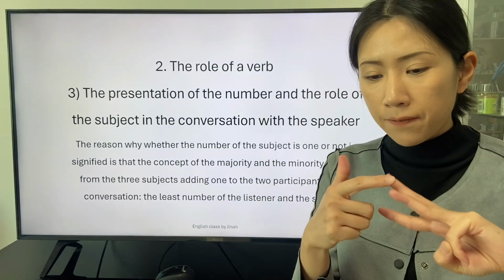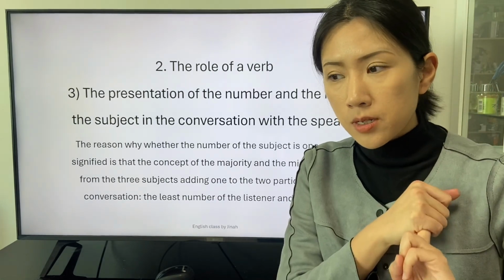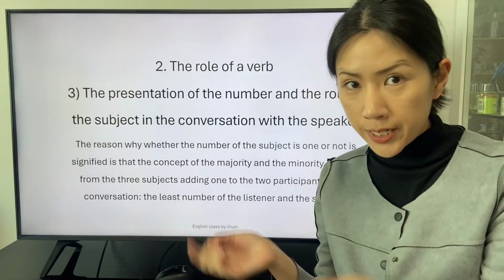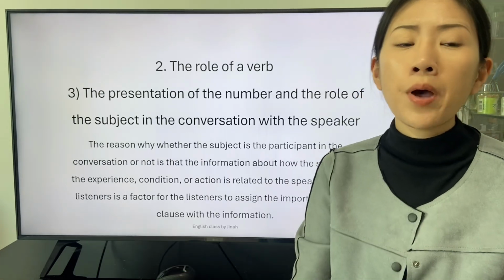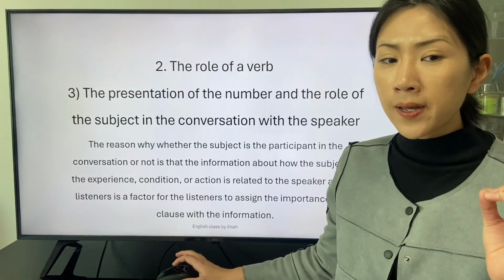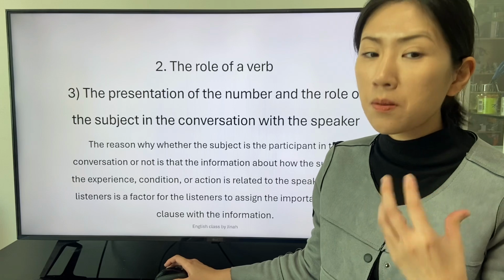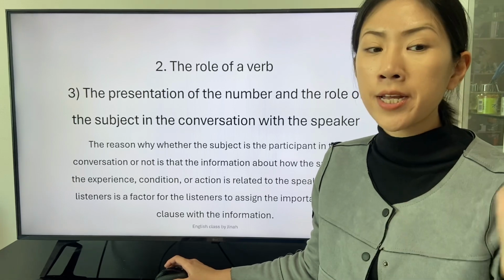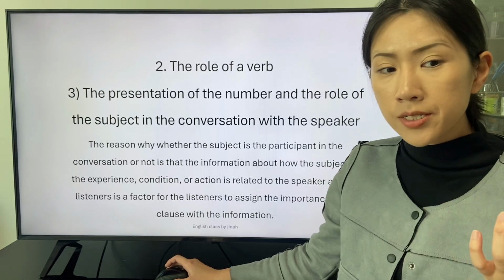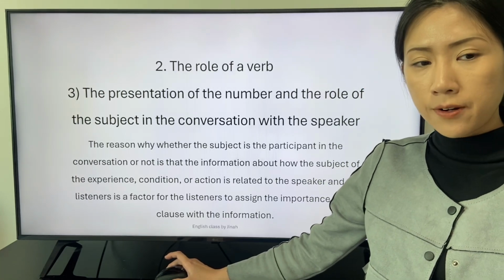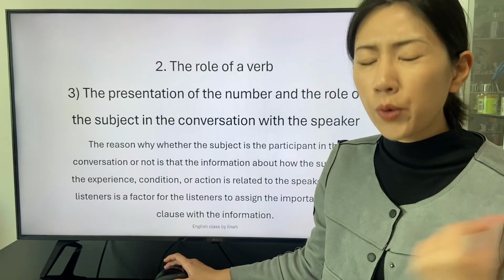From the point of view that the participants are three, the two participants can make an agreed opinion. The reason why whether the subject is a participant in the conversation or not matters is that the information about how the subject of the experience, condition, or action is related to the speaker and the listeners is a factor for the listeners to assign the importance of the clause with the information.